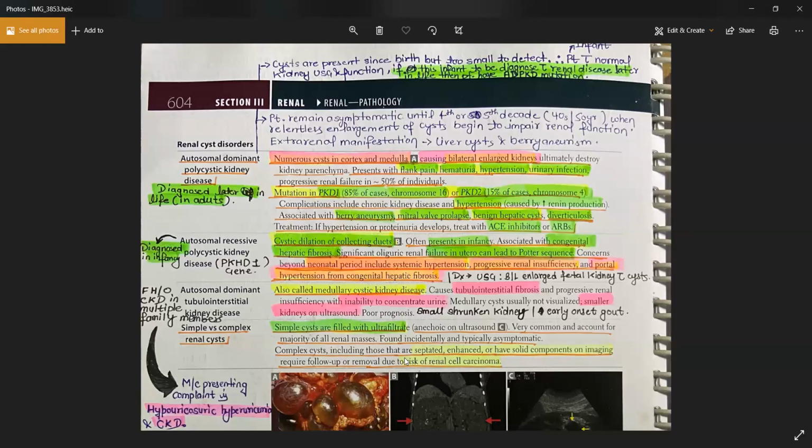So this can increase the risk of renal cell carcinoma, especially the complex cysts. The simple cyst can also be found in normal patients. One or two cysts are generally present, and this is absolutely normal. When many cysts are present, occupying a massive region of the kidney parenchyma, then it becomes very problematic. That exactly happens in these three disorders.